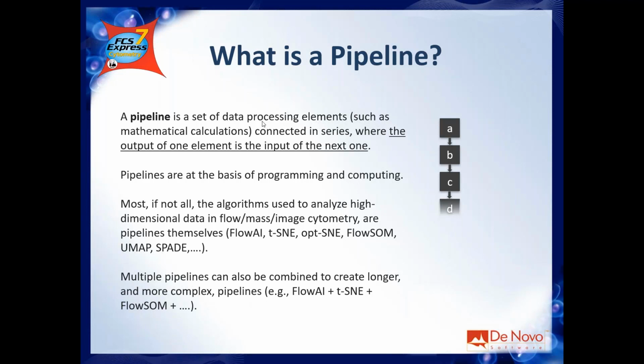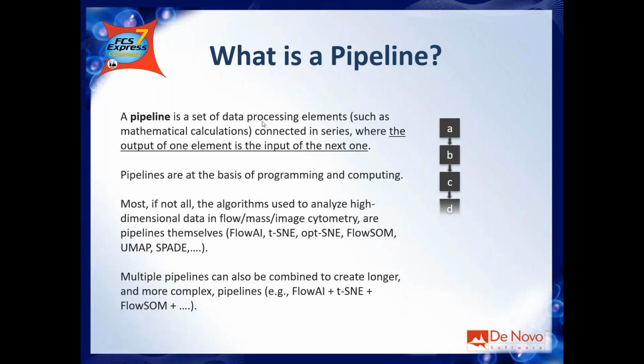It's good to know that most of the algorithms used in high dimensional data analysis, and we will see some examples today, like tSNE, optimized tSNE, FlowSOM, SPADE, UMAP, are pipelines themselves. So the programmers that develop those algorithms actually create multiple steps.